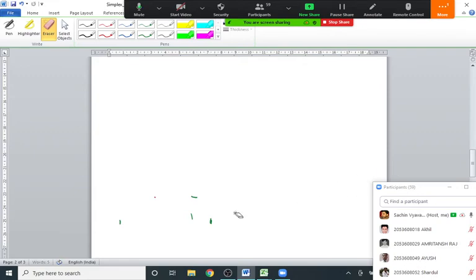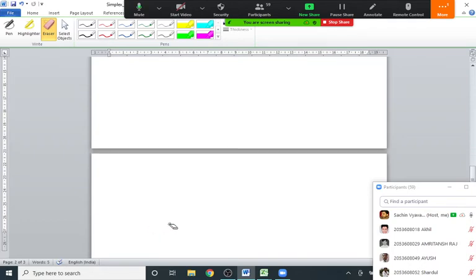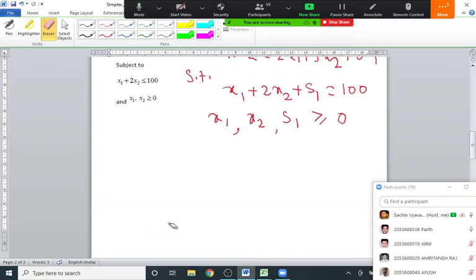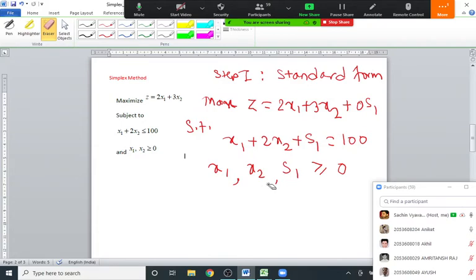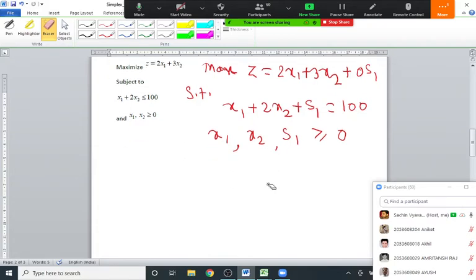All this is the theory part, and you will find that theory in the PDF. In the exam, whatever we are doing right now, that way only you have to do it. In the exam, you write step one, standard form, and you write only these three things there. And now we'll start the solution, the iteration table. Any doubt?